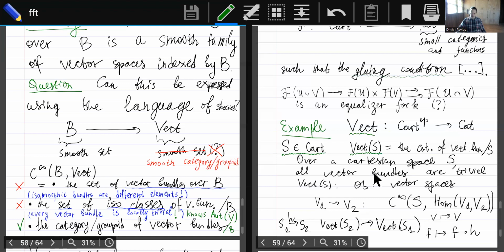One advantage of this approach with sheaves on Cartesian spaces is that many differential and topological objects tend to simplify considerably over Cartesian spaces. And that's exactly what we see here: over an arbitrary smooth manifold, of course, you would have non-trivial vector bundles, but over Cartesian spaces, all vector bundles are trivial.